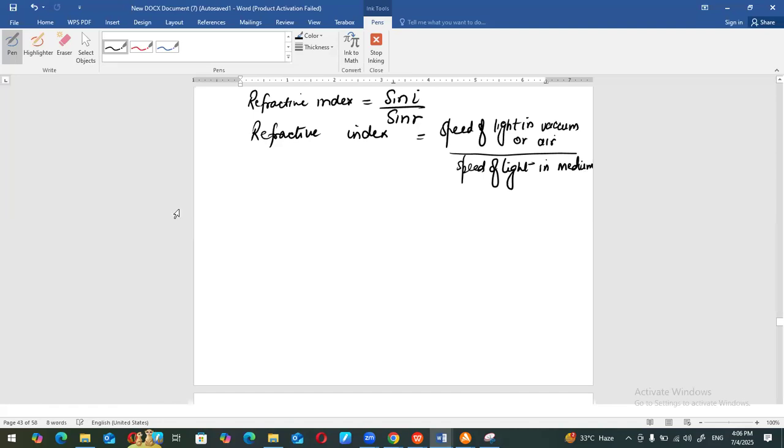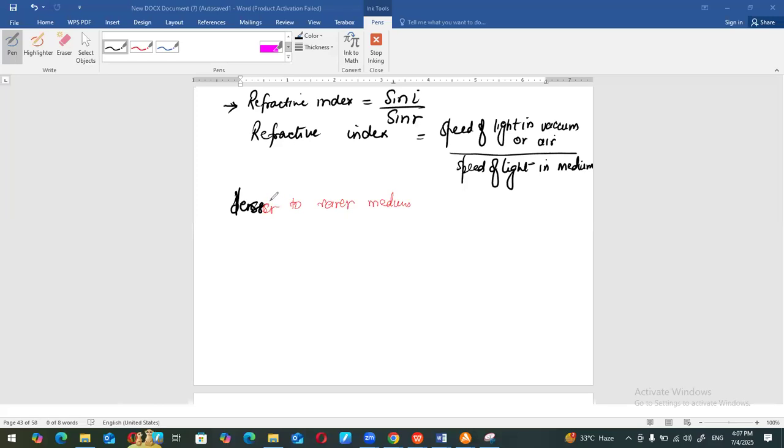So basically, what exactly is the scenario? What type of question will come in? First of all, remember that this Snell's law form can be used only when the light is going from denser to rarer medium.